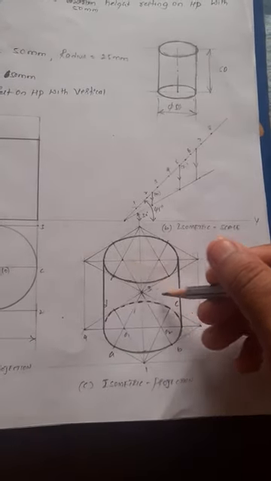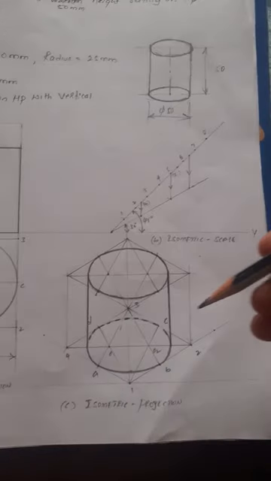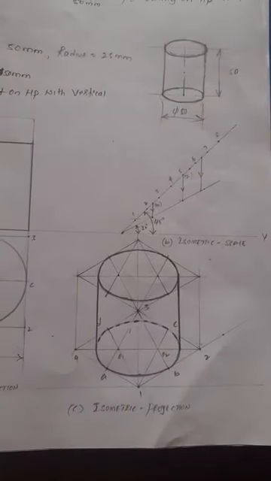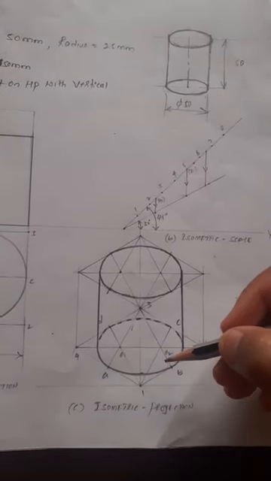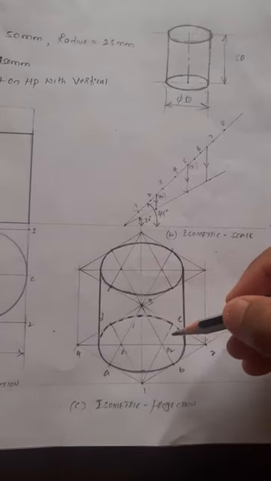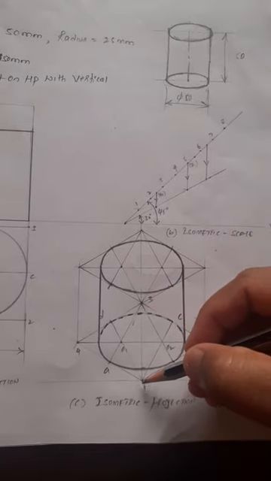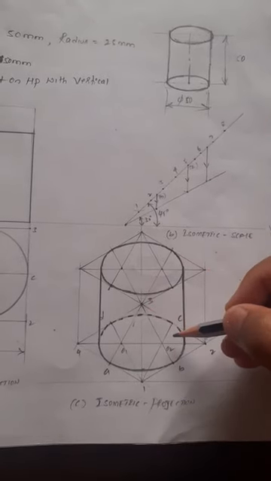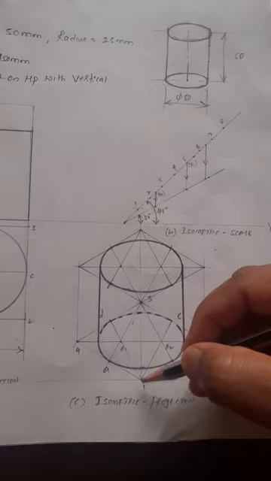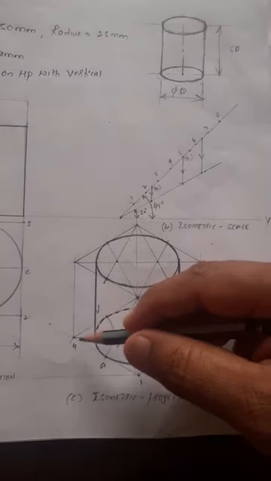Now we will get this rhombus. From this you know how to construct the circular lamina, right? So take the minor diagonal 1 3, and the major diagonal is 2 4.